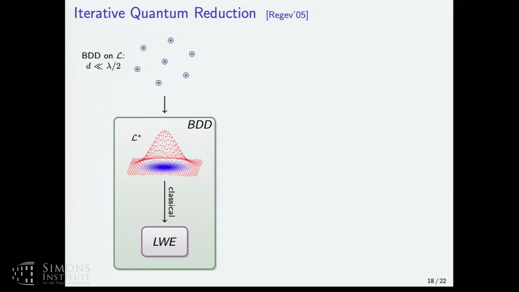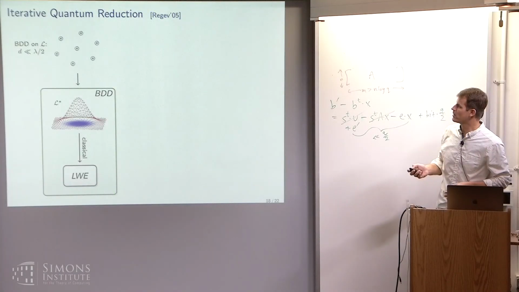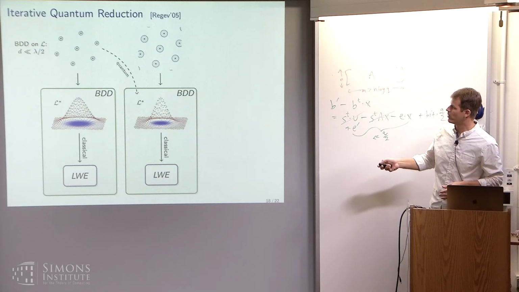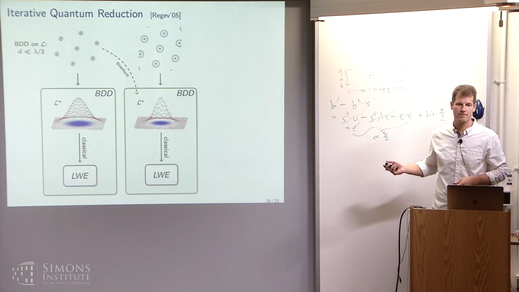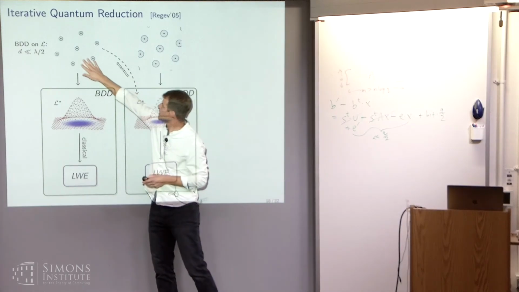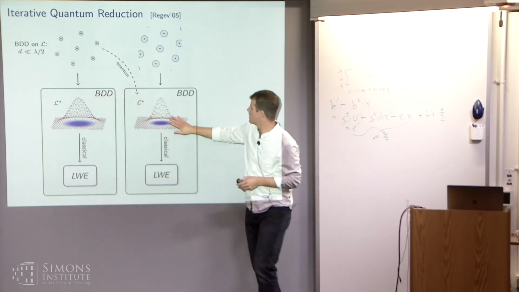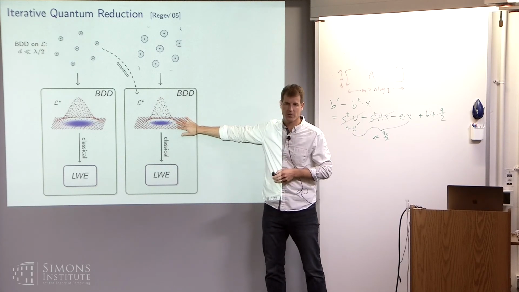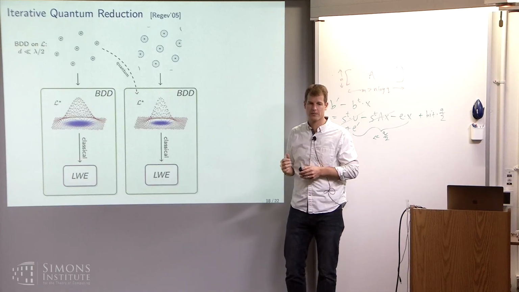Now here's one more really cool idea: if you can solve BDD to this tiny radius, it turns out you can quantumly generate samples from a slightly narrower discrete Gaussian. So there's a quantum step which says that solving BDD to this radius allows you to generate discrete Gaussian samples of a narrower radius.